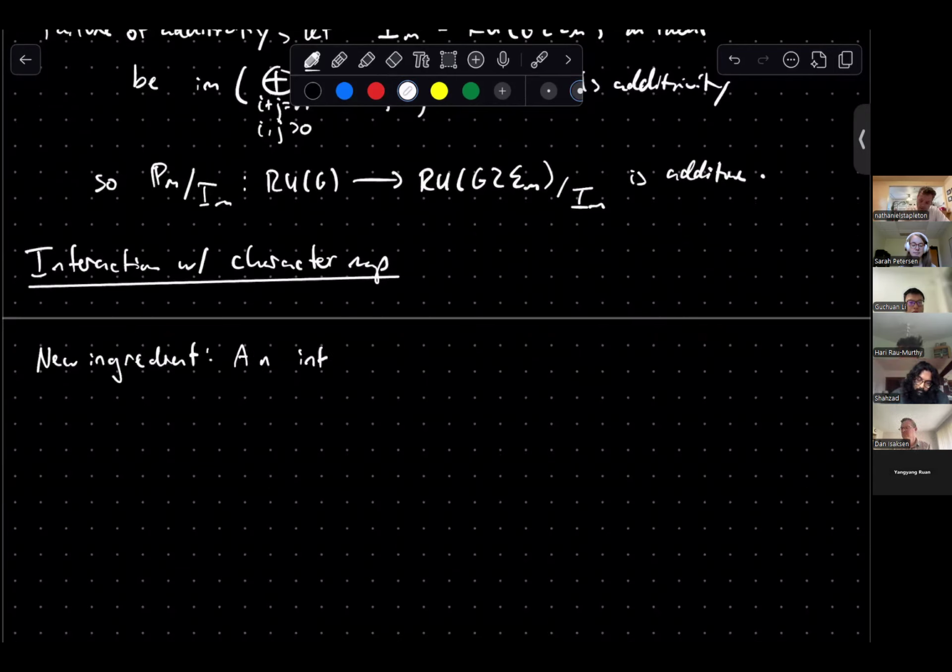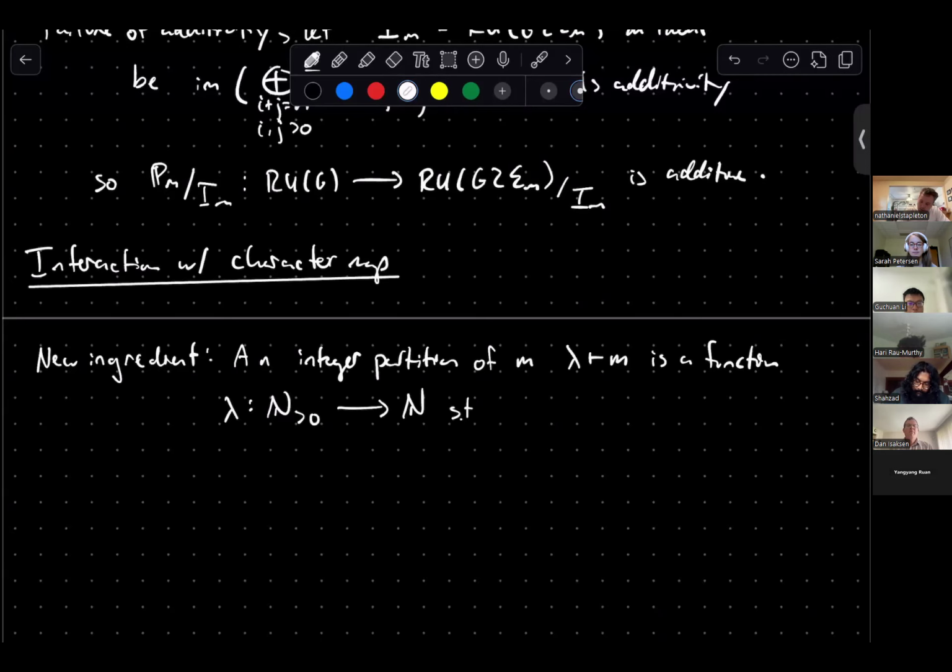So an integer partition of M is denoted like this by combinatorists, is a function lambda from the natural numbers n greater than 0 to n such that the sum over natural numbers of lambda sub I times I is m. So this is what I mean by an integer partition today.